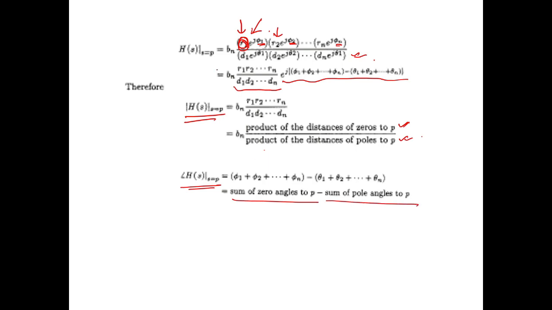Now, we have done this for a single point, and when you want to find H of s at different frequency points, we have to start from the DC frequency. Initially the DC frequency will be your first frequency, then you will increase, you will get the next frequency point, then the next frequency point, like this.